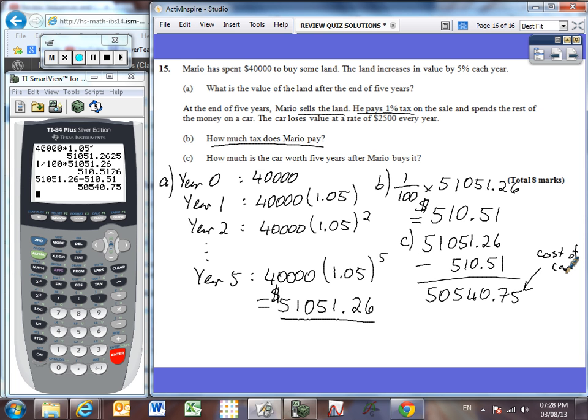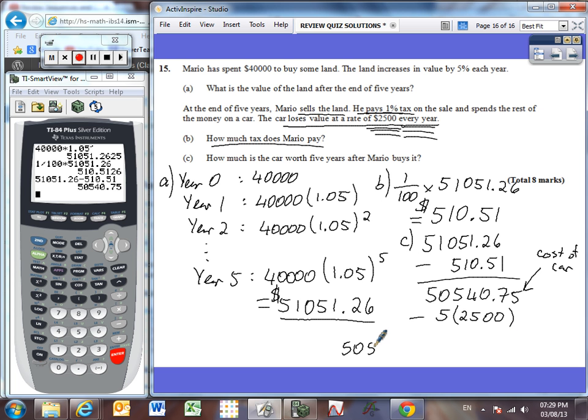How much is the car worth 5 years after Mario buys it? Well, it's losing 2,500 every year. So we need to subtract 5 times 2,500, because that's how much it's losing each year.